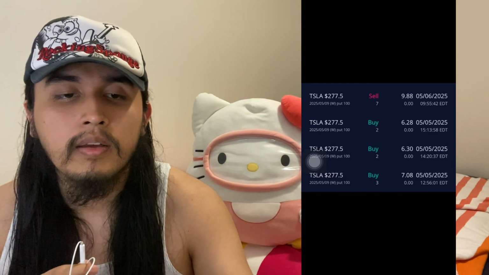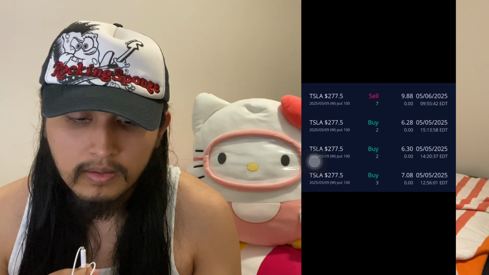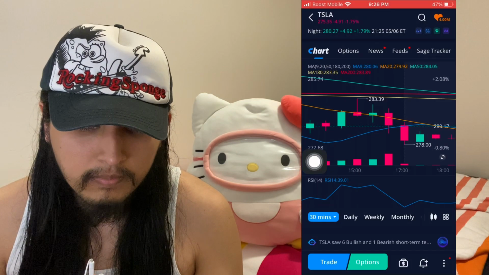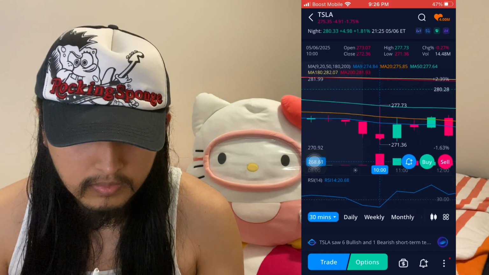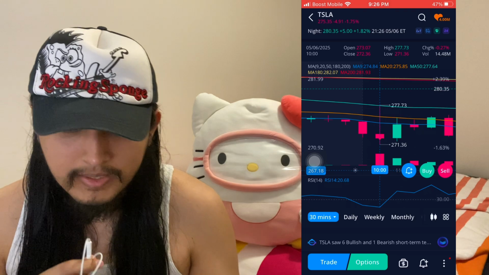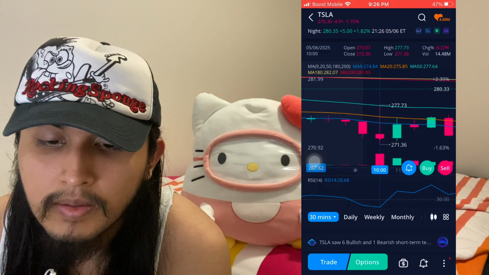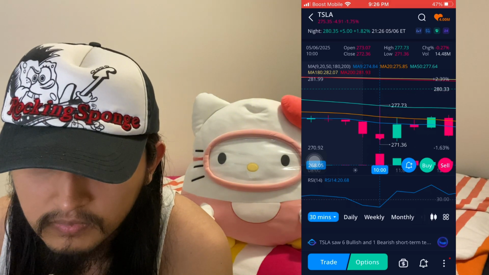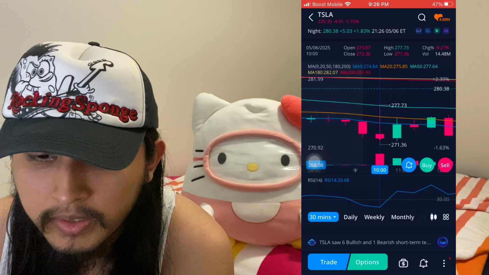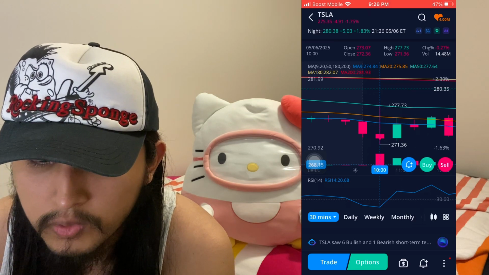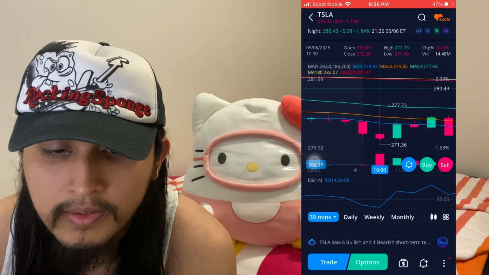And basically at 9:55 of today, which is this candle right here, you can see that at one point Tesla in the 10 candle wanted to break the 50-day moving average, tried, got rejected completely, and then it broke through the 9-day moving average.